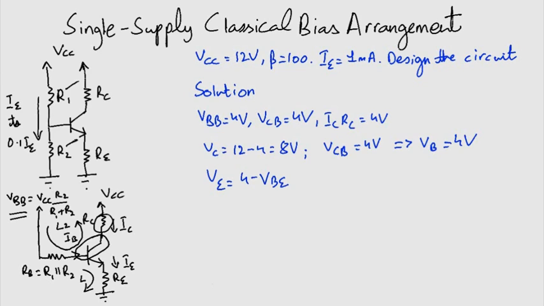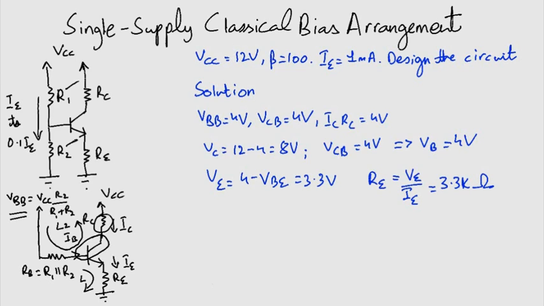We write an equation for VE: 4 minus VBE, and since we know the value of VBE, VE comes out to be 3.3 volts. We can calculate RE. This is 3.3 kilo ohms.